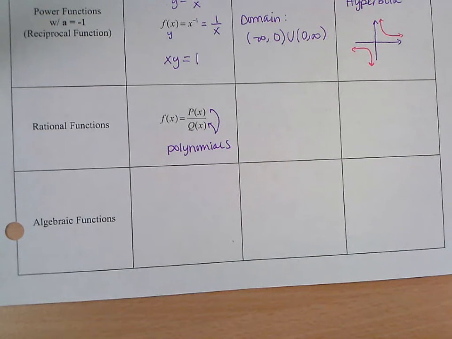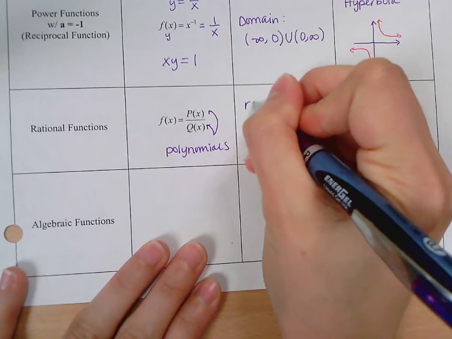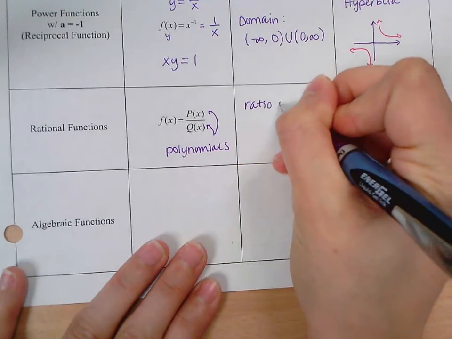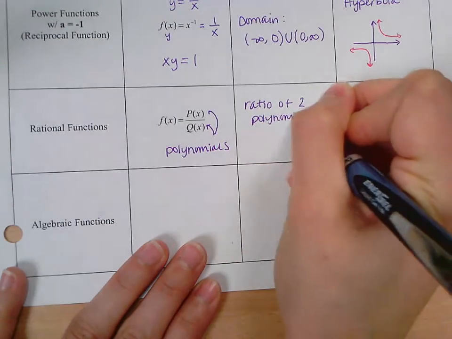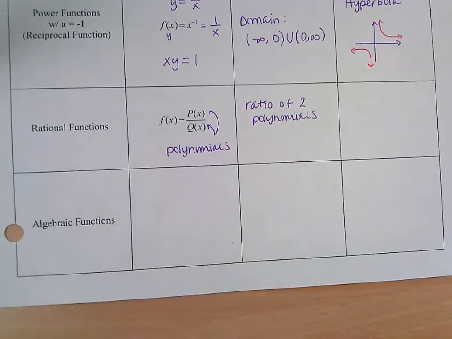So you'll be able to tell if it's rational or if it's not rational. So rational functions are a ratio of polynomials. That's how they're defined, ratio of two polynomials. They do not have a specific type of graph. It just depends on which rational function you have. All their graphs look different.